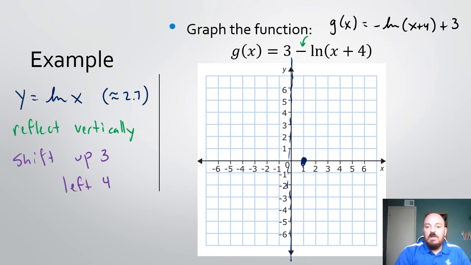So for my second point, I'm going to approximate. I'm going to go over about 2.7 and up 1 and put a point right there. That's what you do for natural log x, same as e to the x, just approximate e to be about 2.7. Then from your asymptote, draw your log graph.